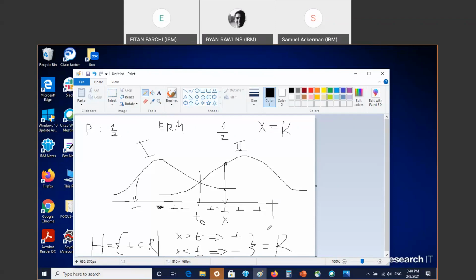Okay? So if I put the threshold here, then for this point, what is the reply I'm going to have using my threshold? That becomes an error, right? Because it's plus and it should be minus. Yeah, so I'm going to say minus here.